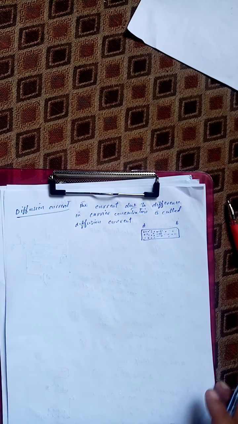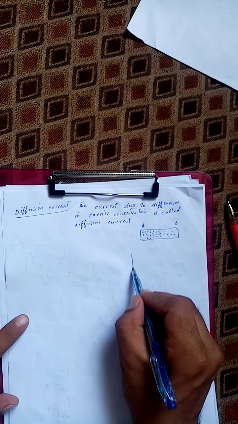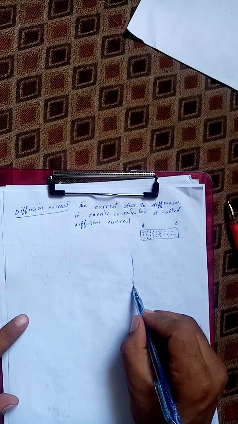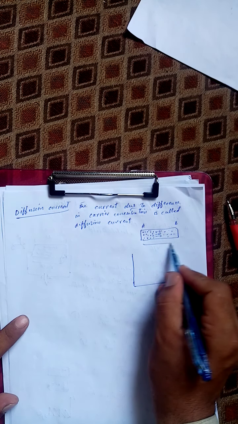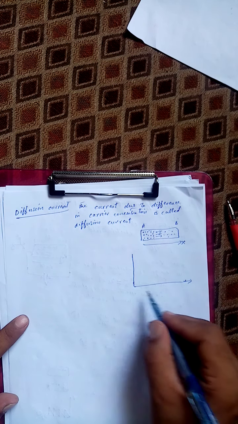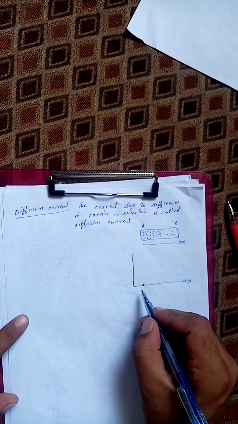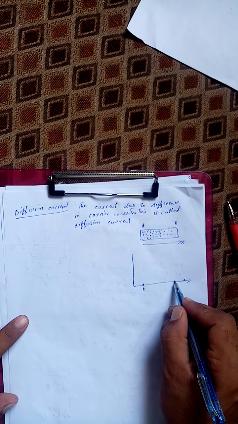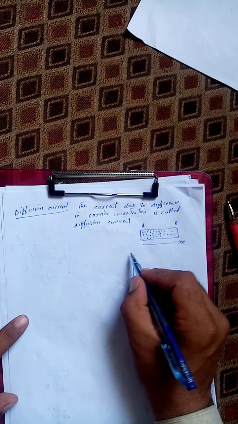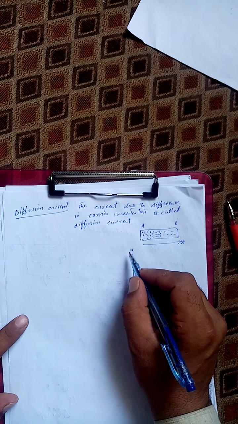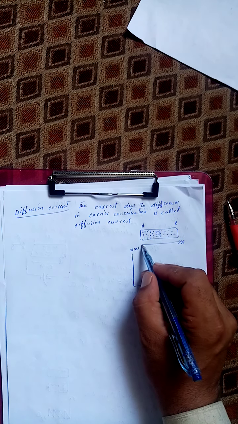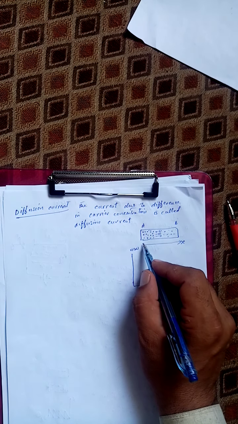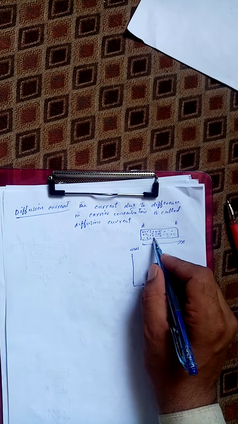The situation can also be shown here. This is X. Here we have point A and here we have point B, and this is the concentration of electrons, which is position dependent. At X equal to 0, the concentration is higher.